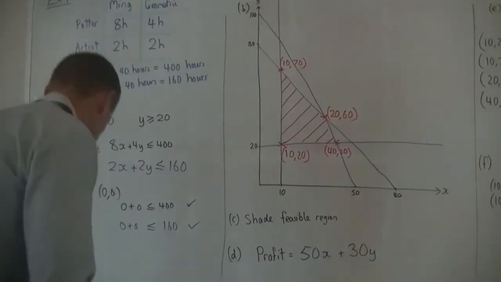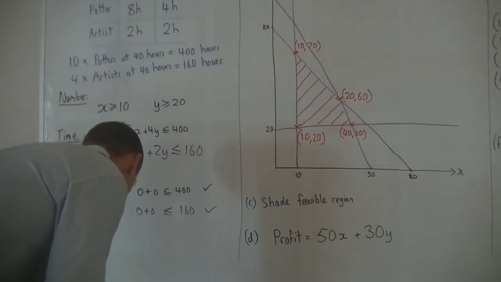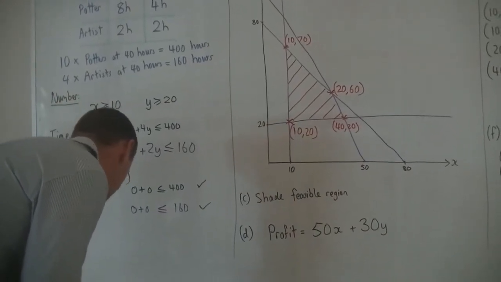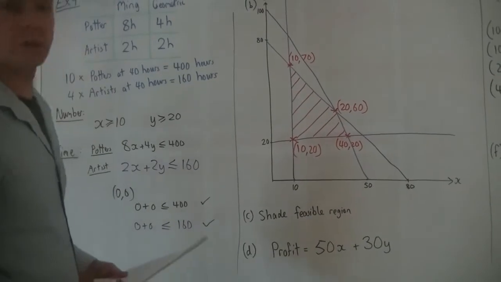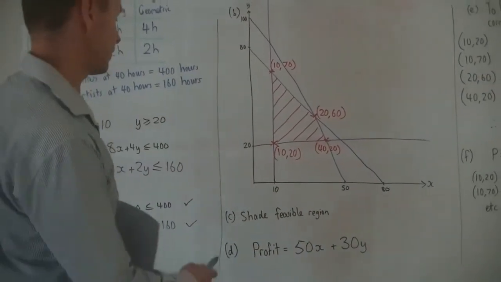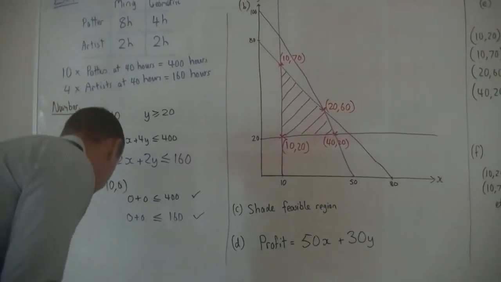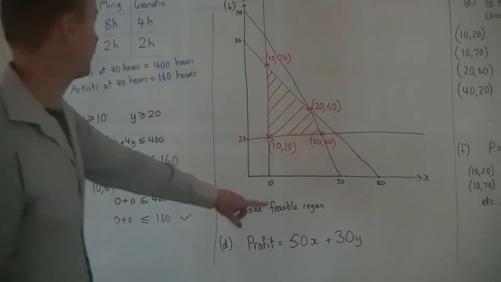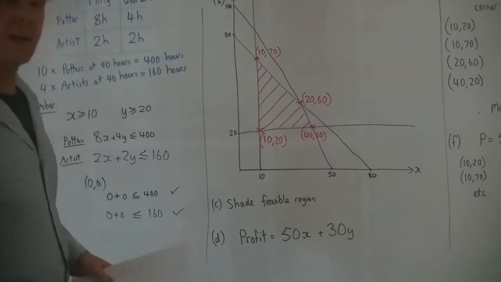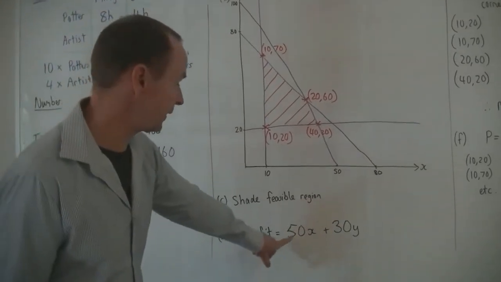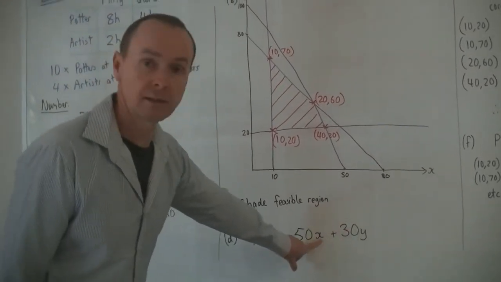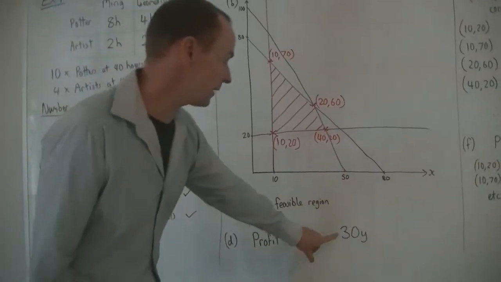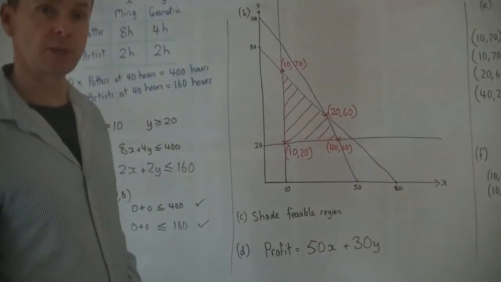Alright, now question D says, all the vases produced in a week are sold. Write a profit expression or an objective function. So the profit, and it says in the question that they make $50 profit for the Ming ones and $30 profit for the geometric ones. So the profit equation is profit equals 50x, 50 times the number of Ming vases, plus $30 times the number of geometric vases.